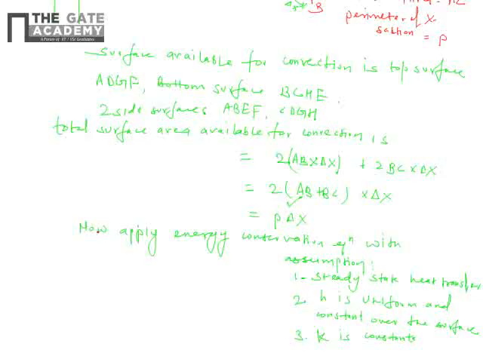If we apply the energy conservation equation, we will get Q dot conduction at x plus delta x minus Q dot conduction at x plus Q dot convection is equal to 0.